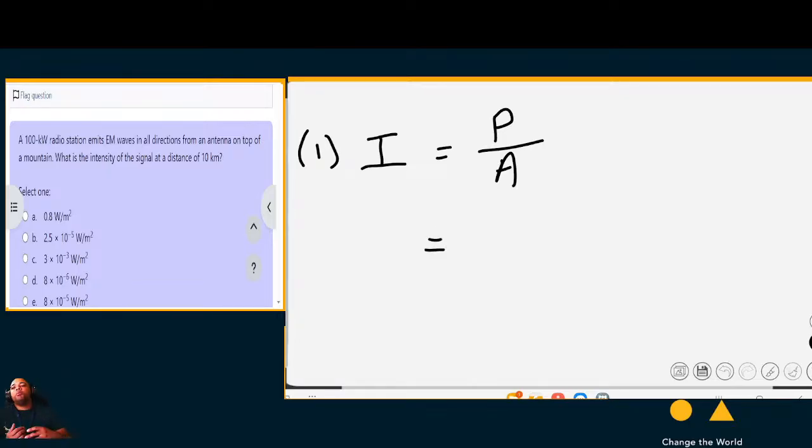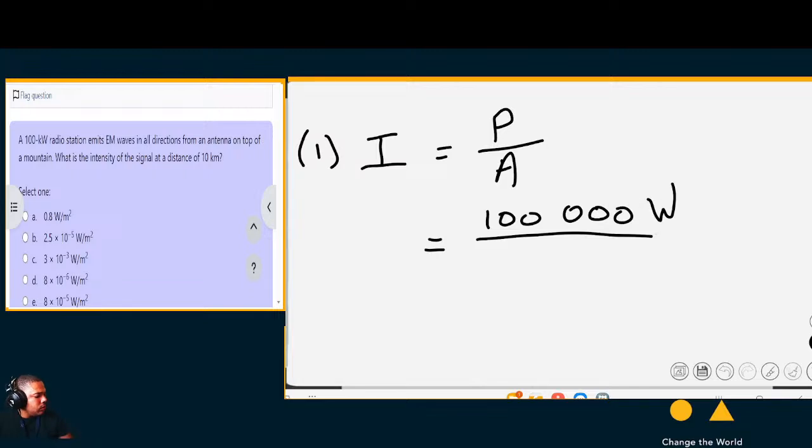With what power does this radio station produce these EM waves? That power is 100 kilowatts, and kilo is 1,000, so 100,000 watts. Now, what is the area?